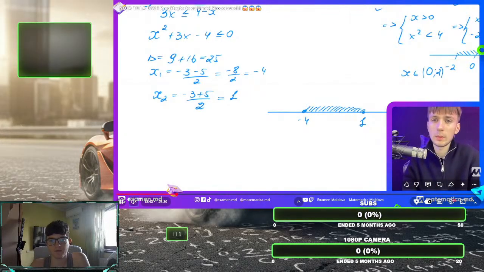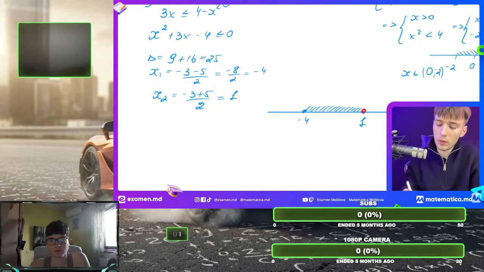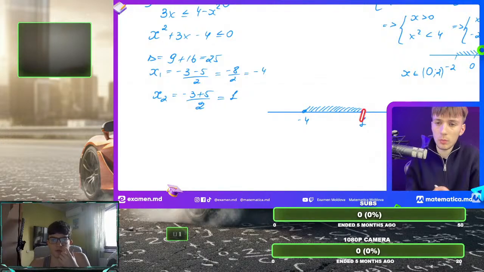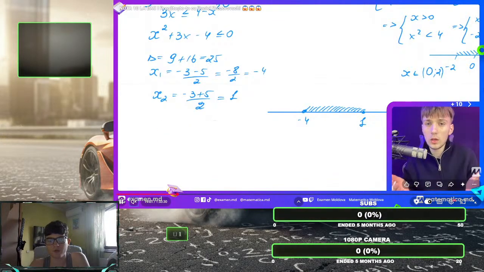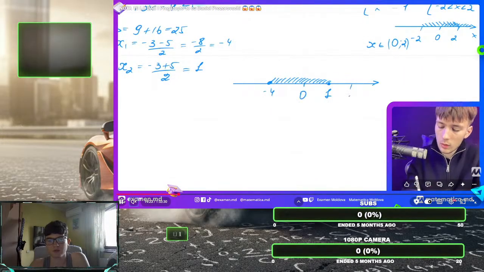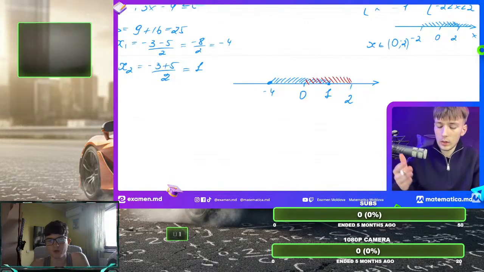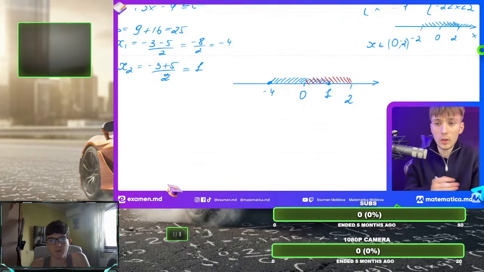So there we have the interval right here, from -4 till 1. And yeah, this is the interval. Now we just see the other one. So the other one is from 0 till 2, and where they intersect is from 0 till 1.